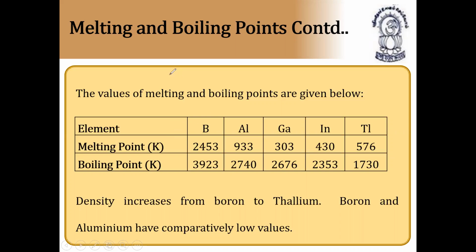So in decreasing order of melting points: boron first, because it is 2453, next aluminium, next thallium, next indium, and lowest we have gallium.